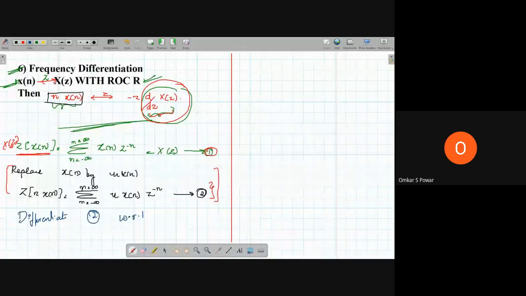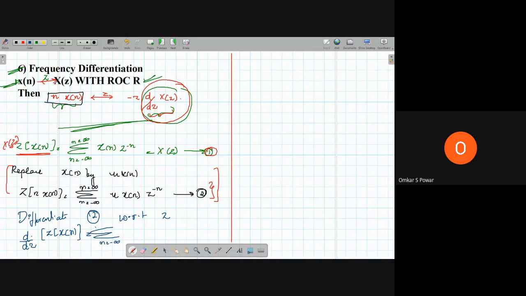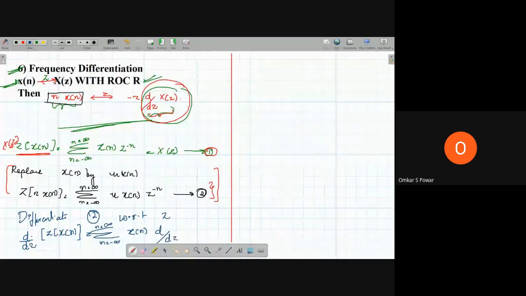So left hand side I will get d by dz of Z transform of x of n, is equal to summation n varies from minus infinity to infinity x of n. So I have to differentiate here. Let me write it for you again: d by dz of z to the power of minus n.